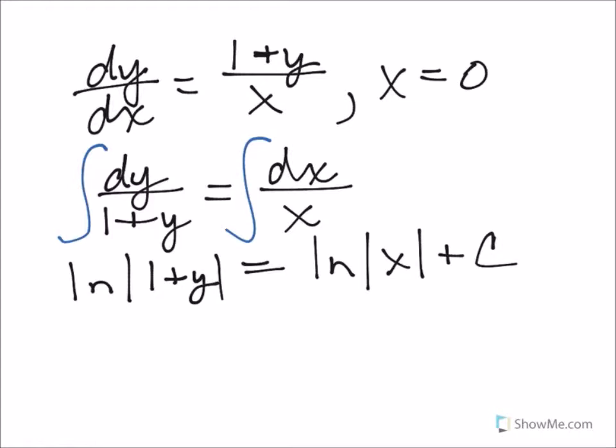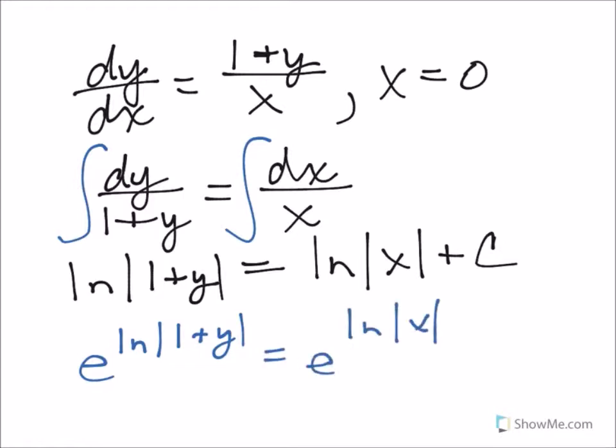At this point, we can take each side as the exponent, and we're going to take e and raise it to the ln of the absolute value of 1 plus y, and then the right side is e to the ln absolute value of x plus c, like that.